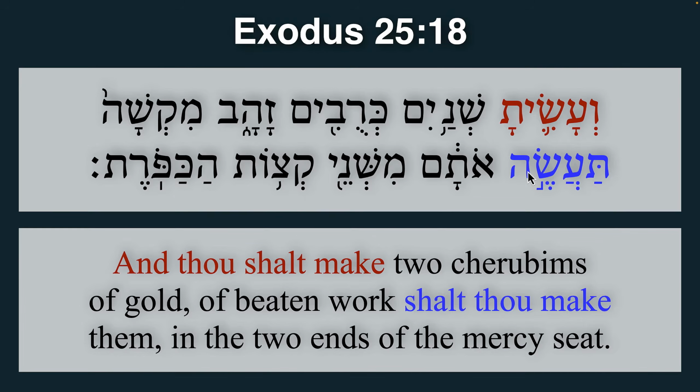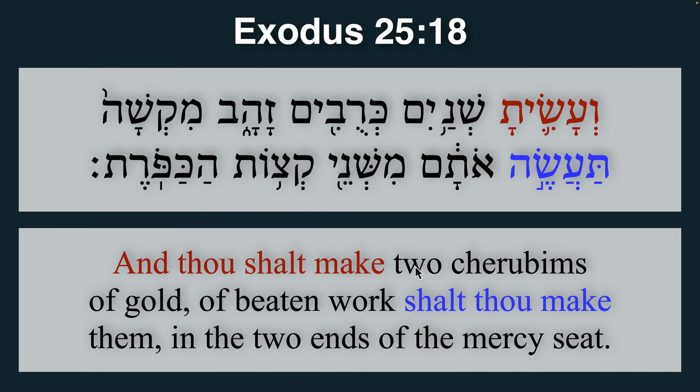Now, another example of a verse in Exodus 25 where God instructs Moses to make the tabernacle and all the components, items within the tabernacle. He says here, Ve'asita shanaim keruvim zahav.